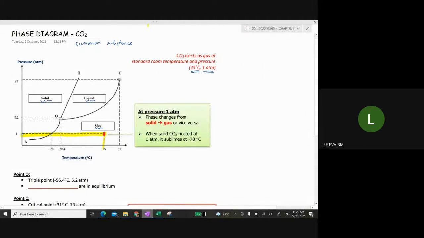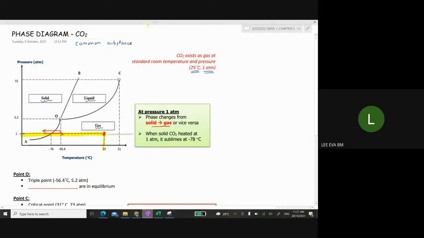If you have this pressure at 1 atm, you can see on the green box over here, at pressure 1 atm, the phase changes from solid to gas, or vice versa. That means you can change from solid into gas or from gas into solid.